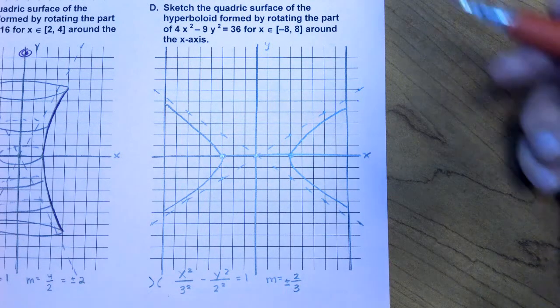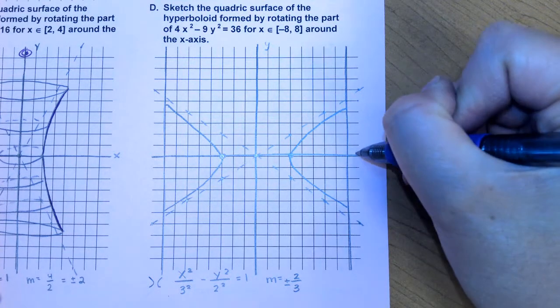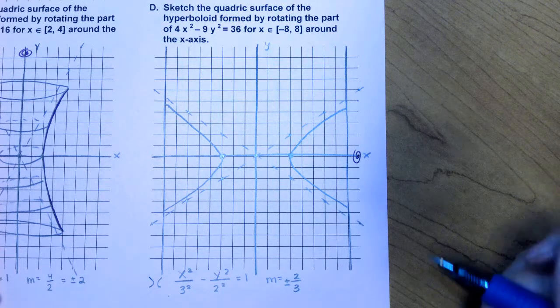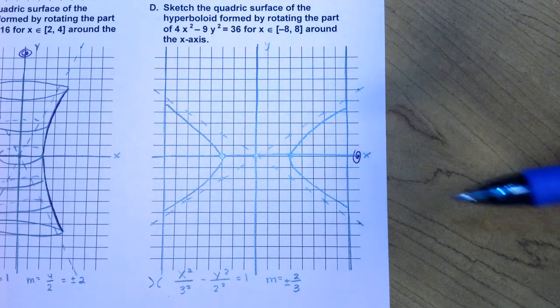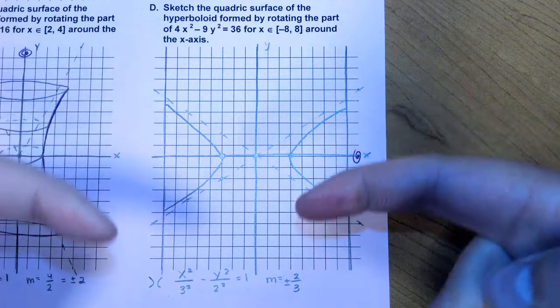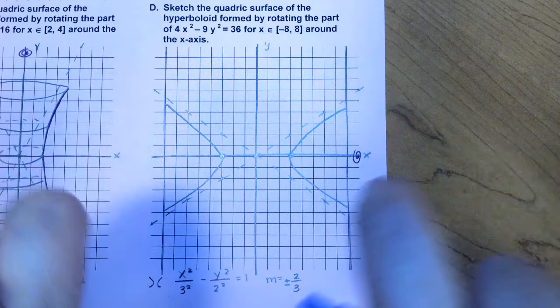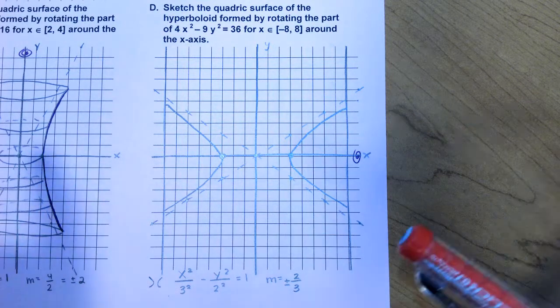Now what we're going to do is take that and rotate it around the x-axis. So we're going to spin the x-axis this time. And what happens when I turn the x-axis is these 2 curves are going to rotate around the x-axis, and they're going to create almost like 2 cups opening up left and right.